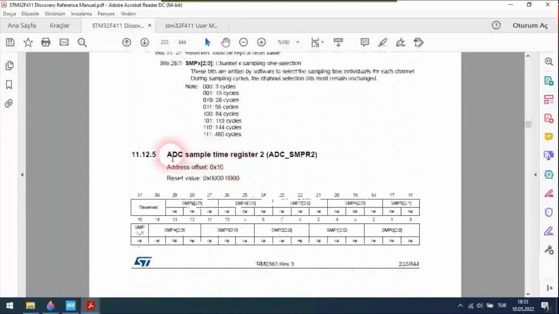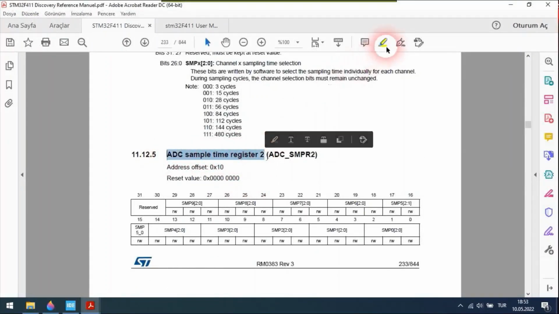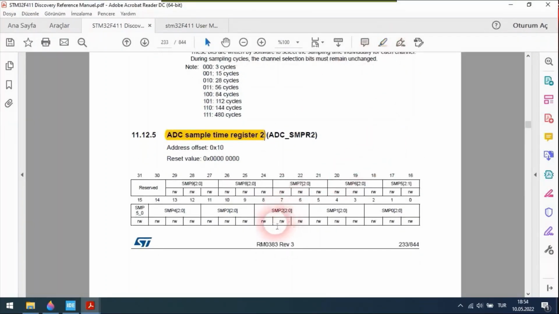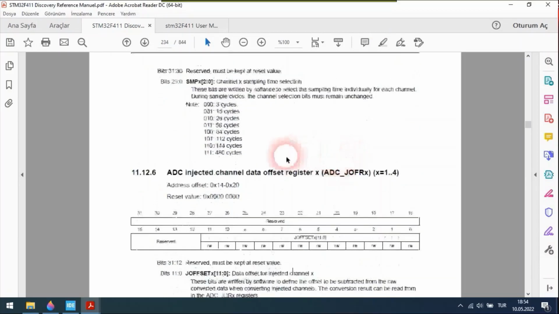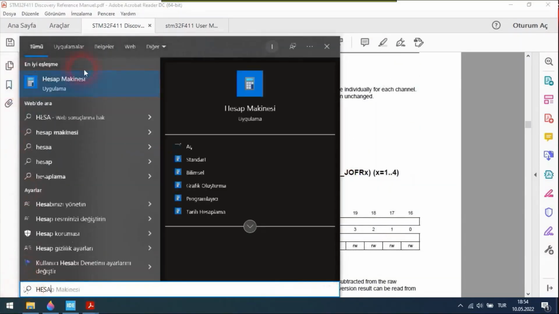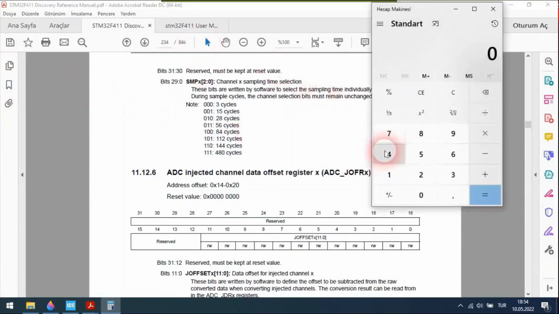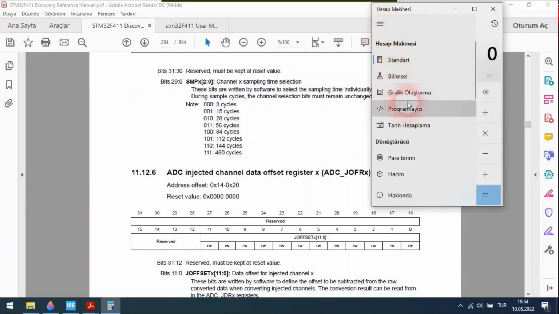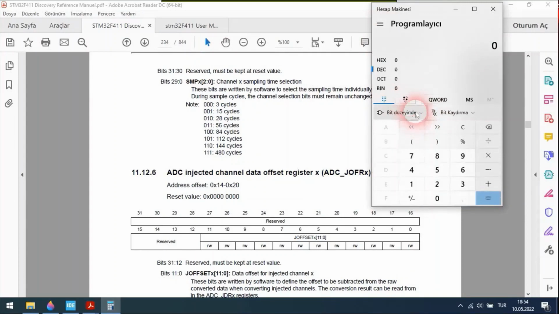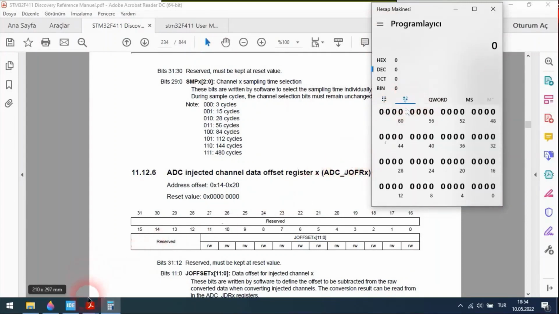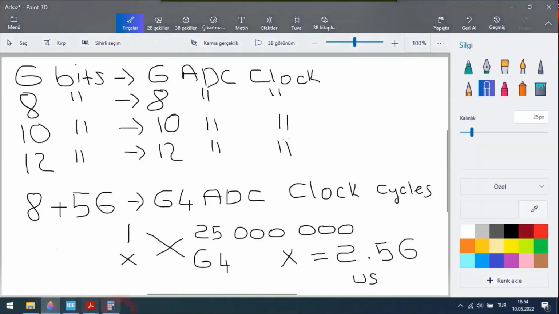Go to sample time register 2. This register is about time of conversion. Here is a formula for time of conversion.